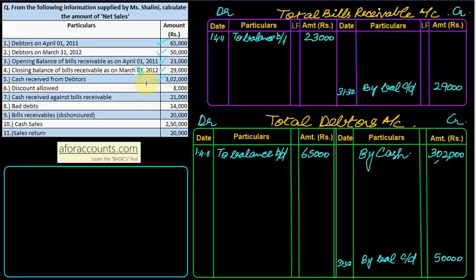Discount allowed. What will be the entry? Discount always comes along with cash. Cash account debit, discount account debit to debtors. So by discount, 8,000.